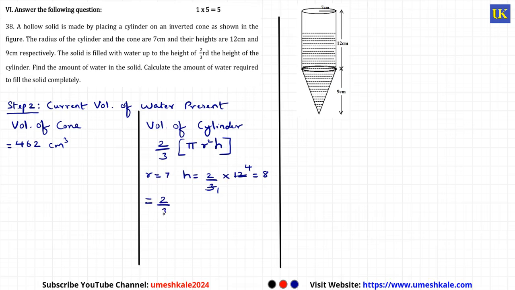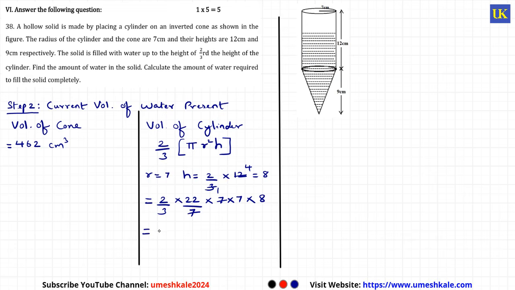So two-third into the value of pi is not mentioned. So we will take 22 by 7 by default. And the radius is 7, so 7 r square, so 7 into 7, and height is two-third height we have to take. Two-third of total height is 12, but two-third of 12 is 8. So now in the second step the height will become 8. Now we will cancel 7 into 7, nothing else we can cancel.